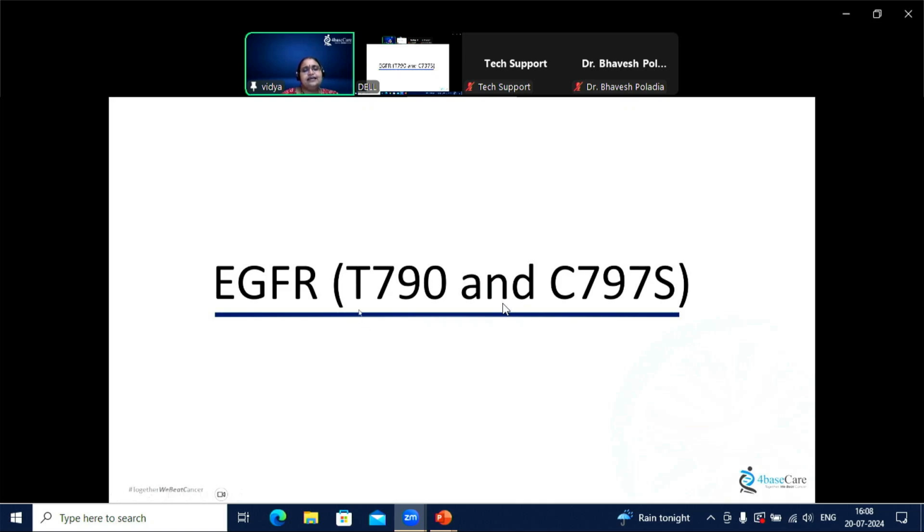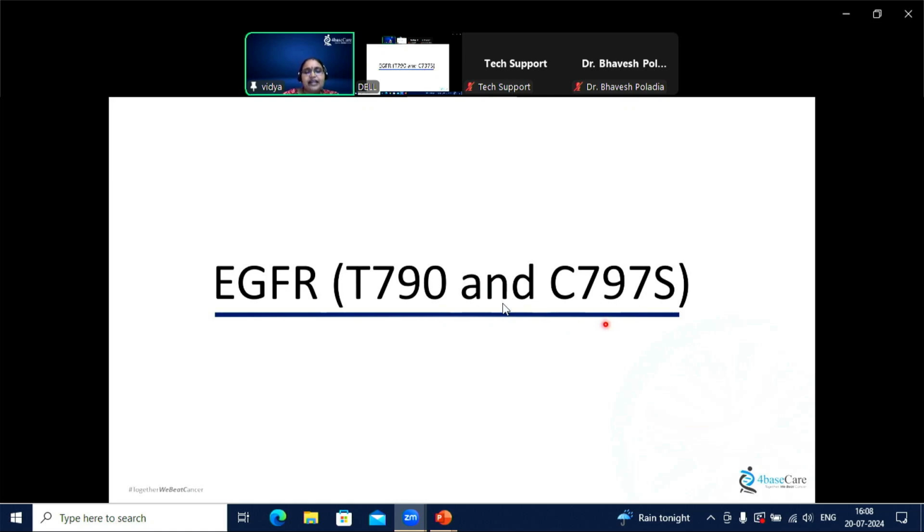Here, what becomes very important is that if you see the distance between these two positions, 790 and 797, there are 7 amino acids. 7 threes are 21, so they are 21 nucleotides apart.